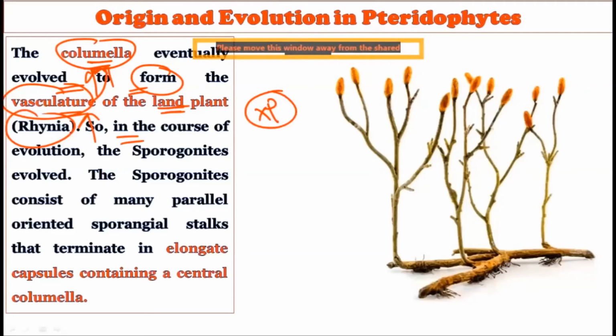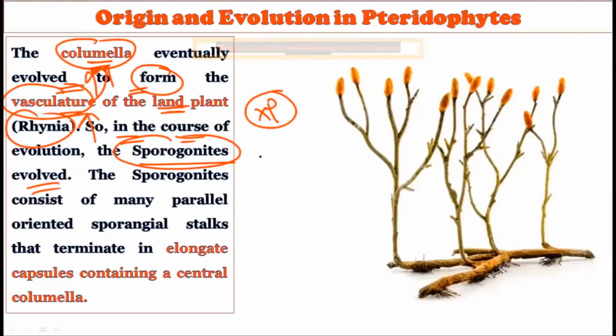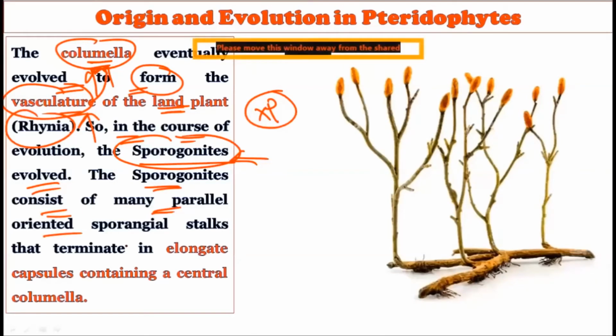So in the course of evolution, the sporogonites evolved. The sporogonites were a group of plants which showed the characteristics of bryophytes as well as sporophytes. Now see, the sporogonite consists of many parallel oriented sporangial stalks that terminate in an elongate capsule containing the central columella.